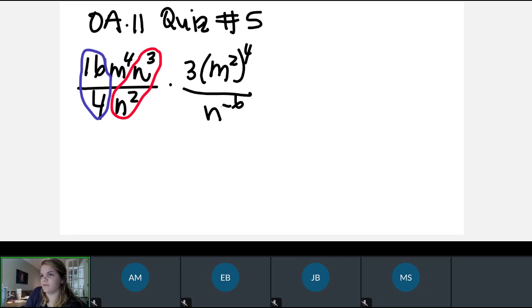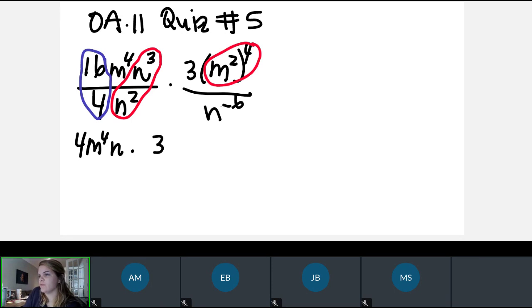So for 16 divided by 4, I get 4. M to the 4th stays. And then n to the 3rd divided by n squared, so 3 minus 2 would be 1. So that would just be n, or n to the 1st. Then, on the other side, I'm going to first deal with this m squared being raised to the 4th.